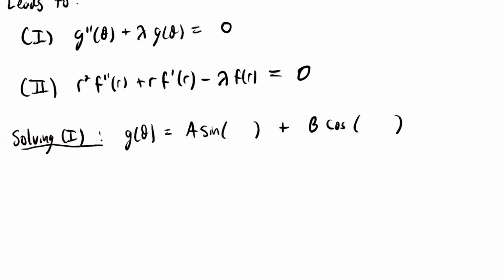Using our intuition from all the other separation of variables problems we've looked at, let's suppose that lambda is equal to n squared, where n is an integer, bigger than or equal to 0, say. Then the solution would be given by a times sine of n theta plus b times cosine of n theta.